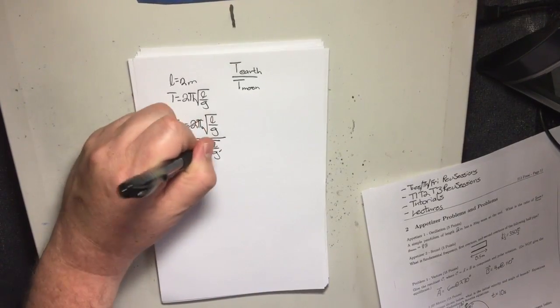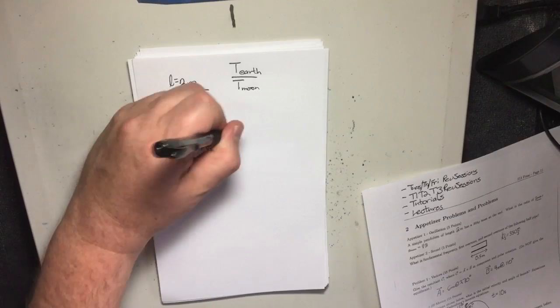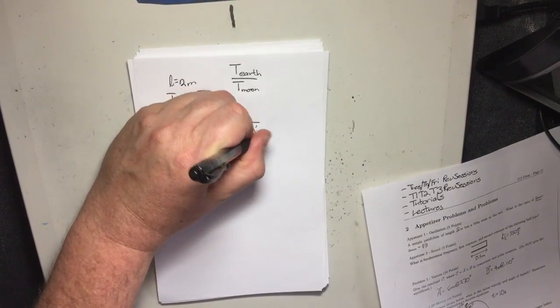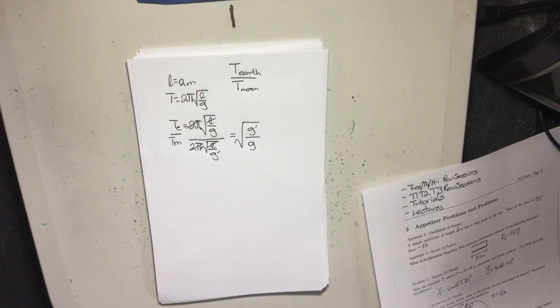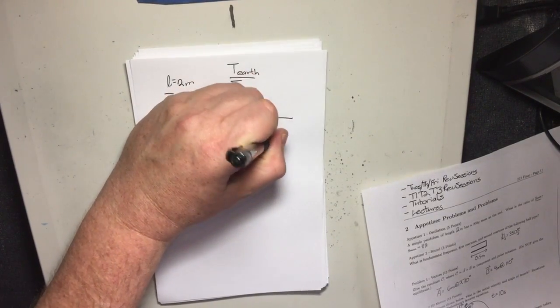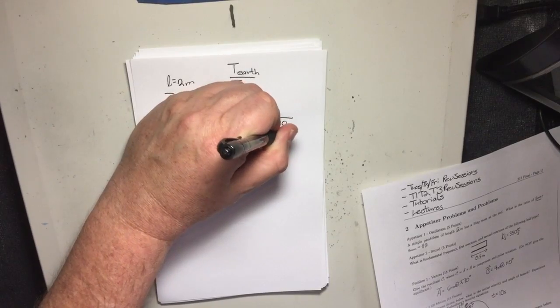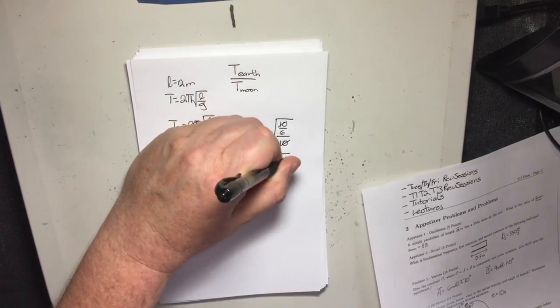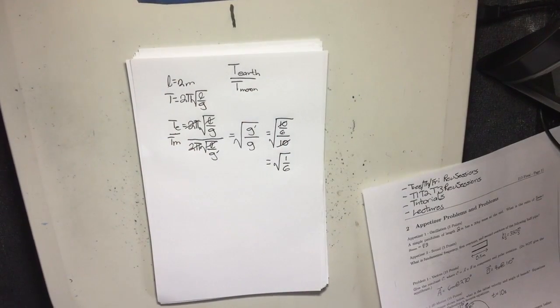The 2 pi's cancel, the L cancels, and I'm left with the square root of G prime over G. G prime is the denominator of the denominator, so it gets kicked up. G prime is 10 over 6. G is 10. Square root 1/6. Done.